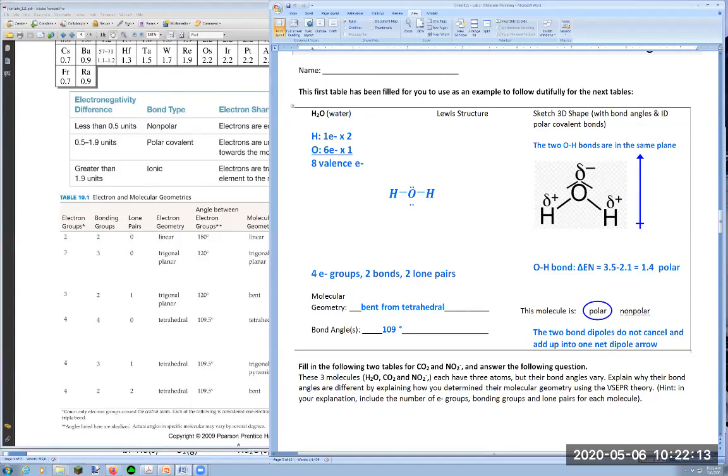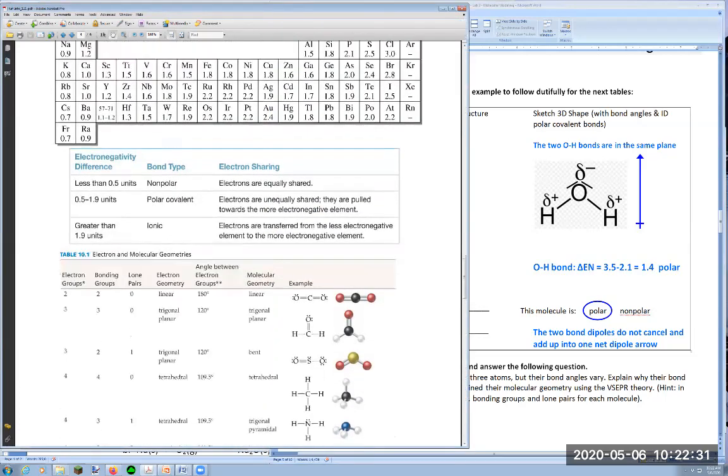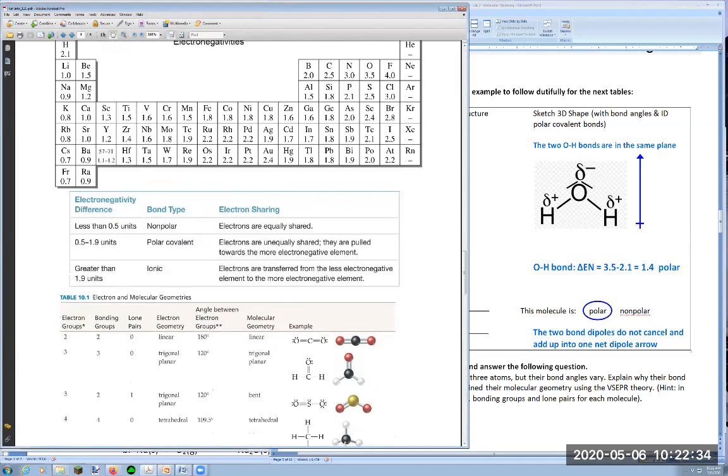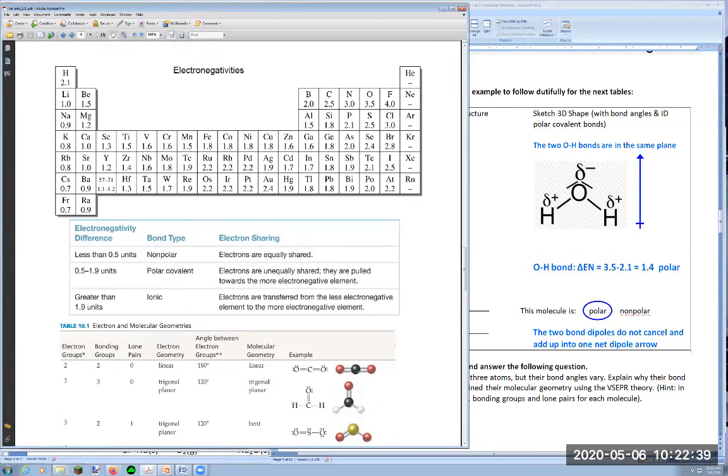Oxygen has an electronegativity of 3.5, hydrogen is 2.1, and you take the difference, it's 1.4. Please don't forget to say whether it is polar, non-polar, or a unique bond according to that table. You remember how to use this table: if the electronegativity difference is between 0.5 and 1.9, it's considered a polar bond. So you want to say that it's a polar bond.